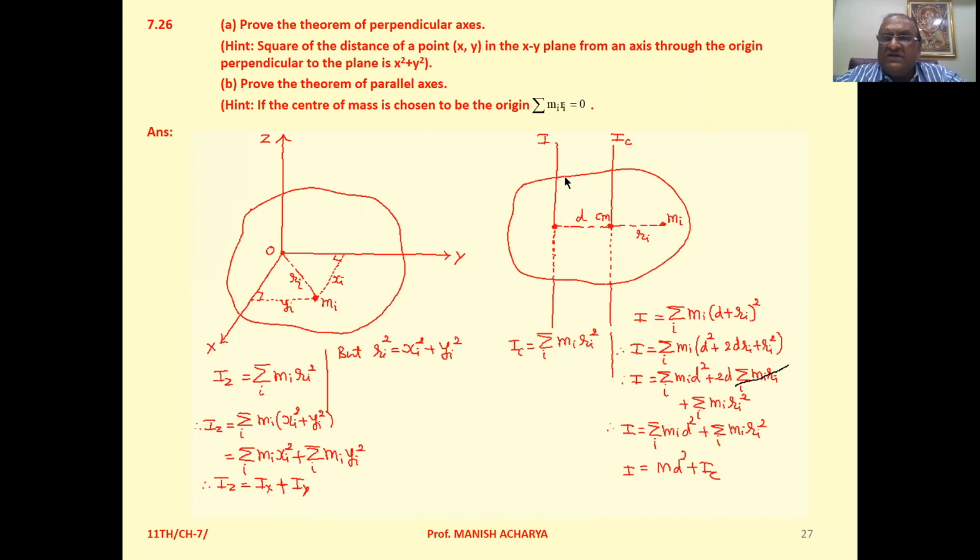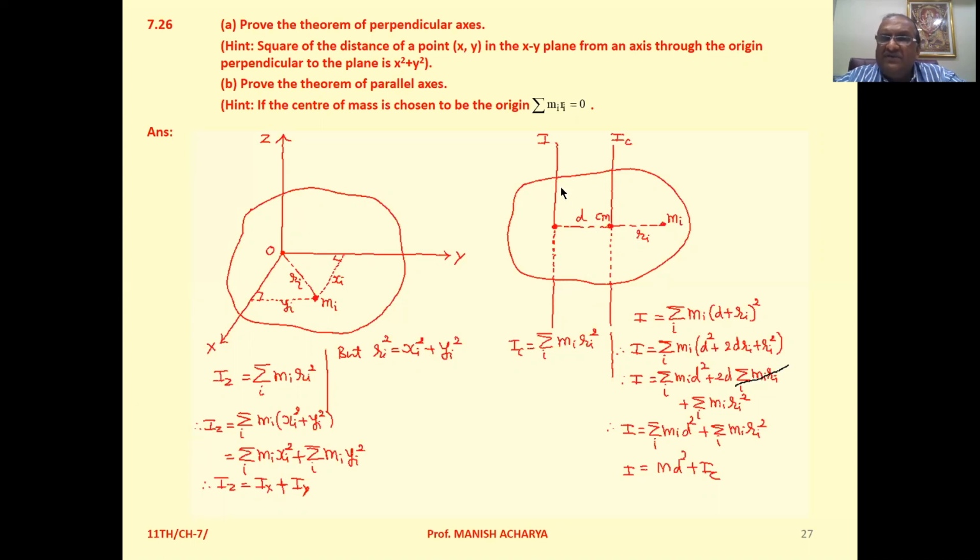For such particles, if we calculate the moments of inertia and take the summation for all the particles, we will get the moment of inertia with respect to the rotational axis passing through the center of mass, and that we can write as Ic equal to sigma i mi ri square. With respect to this other rotational axis, the distance of the ith particle is d plus ri.